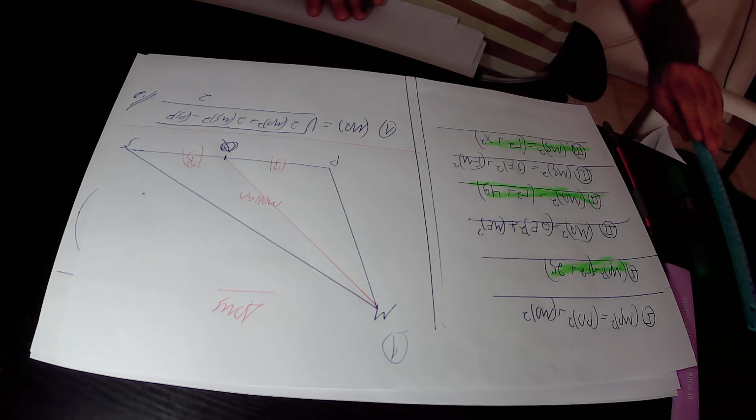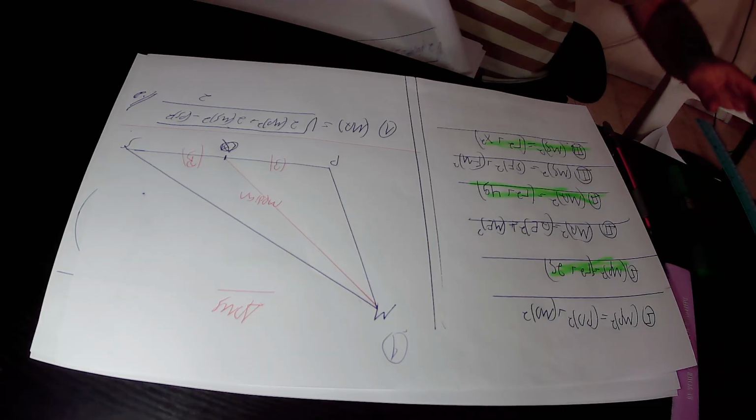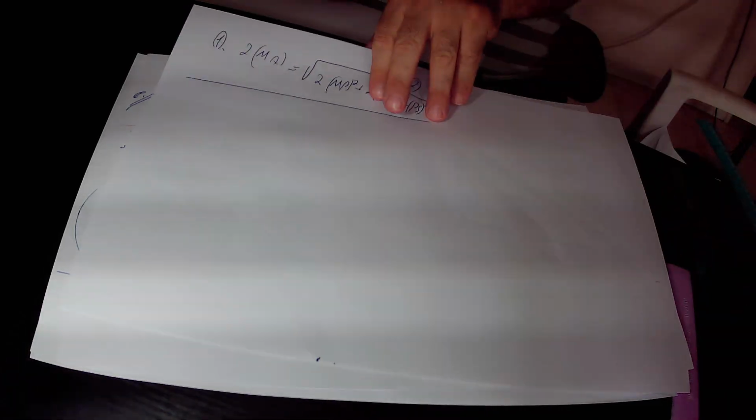Okay, so to repeat, according to equation 1, 2 times MQ equals the square root of 2 times MP squared plus 2 times MS squared minus PS squared.